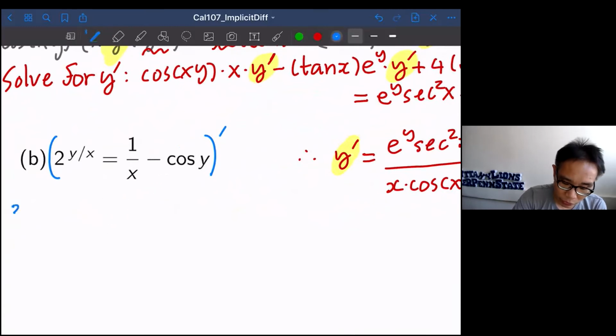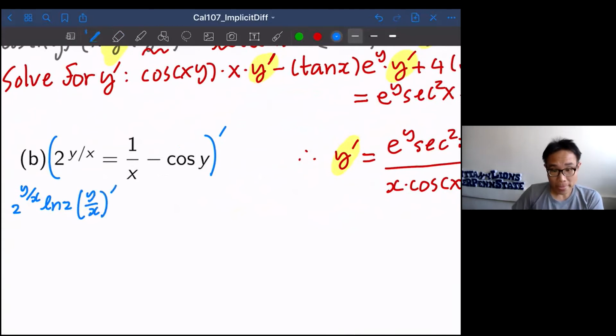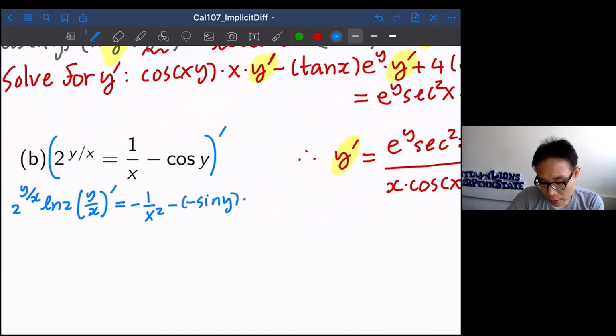So it's going to be 2^(y/x) log 2, and you differentiate y over x. And you differentiate 1 over x, so it's going to be negative 1 over x squared, as I asked you to memorize. And differentiate cos, you get negative sine y times y prime.